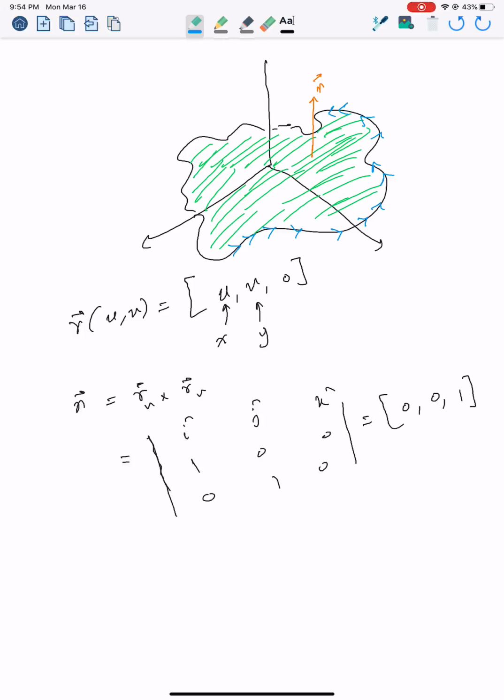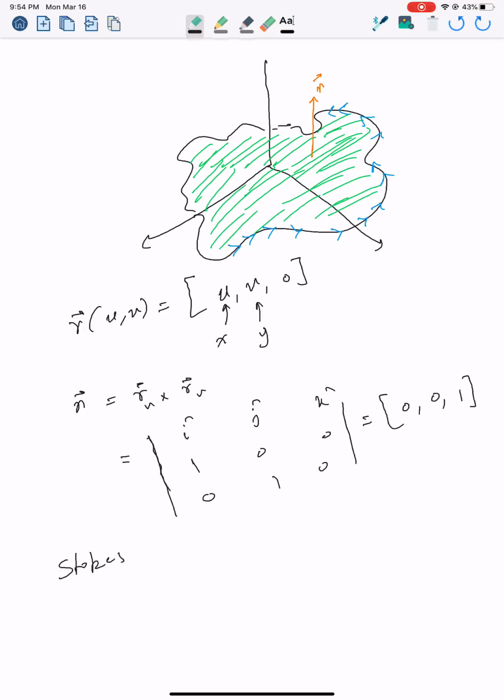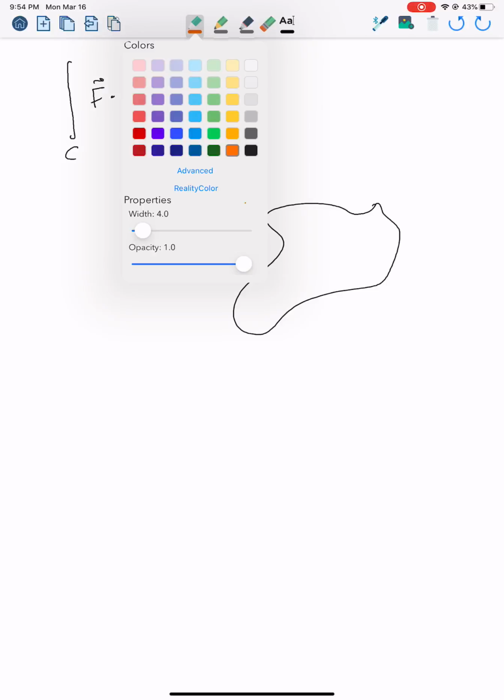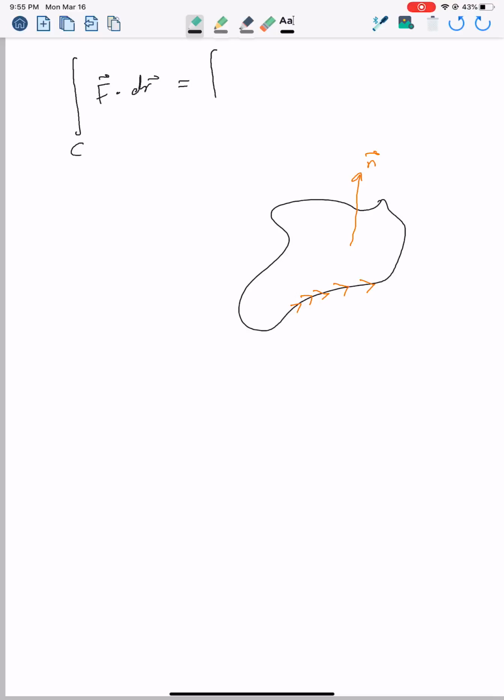Okay, now you apply what? You apply Stokes. So what does Stokes say? So Stokes theorem now says that the curve integral of f dot dr in the orientation we just showed. We just said this is our orientation. We just said this is our normal vector 0, 0, 1. Okay, so the Stokes theorem says this curve integral is equal to the double integral of what?